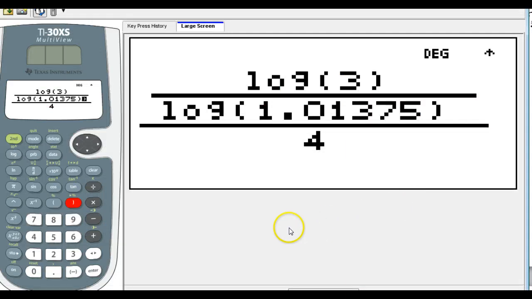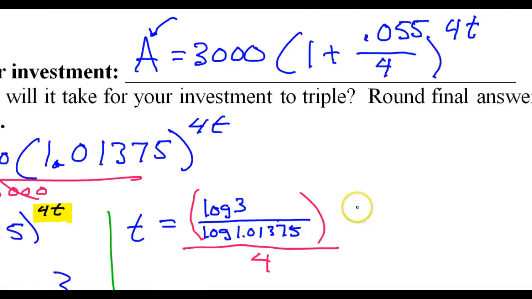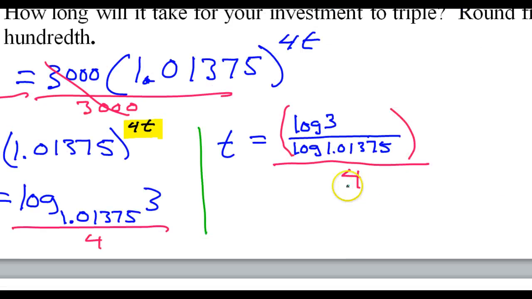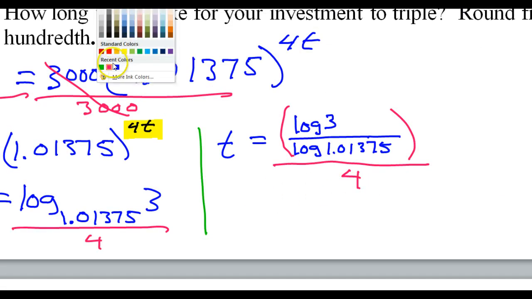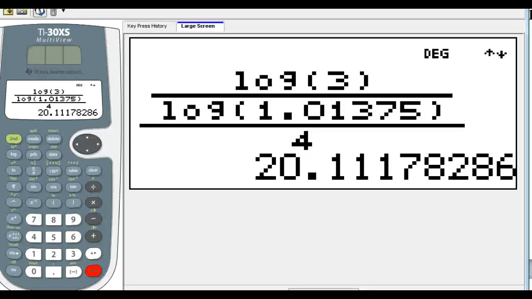I just hit enter, and there you go: 20.11, to the nearest hundredth. We're talking about years here, so 20.11 years.